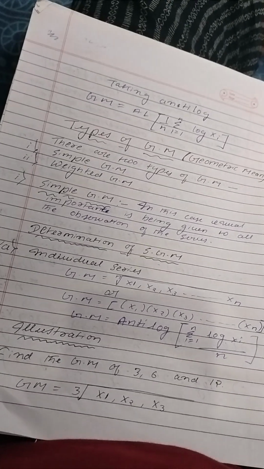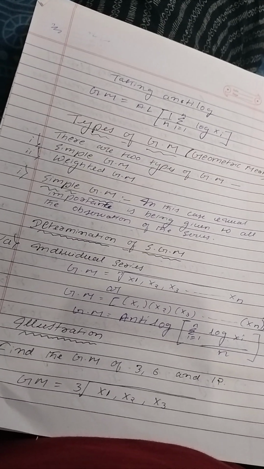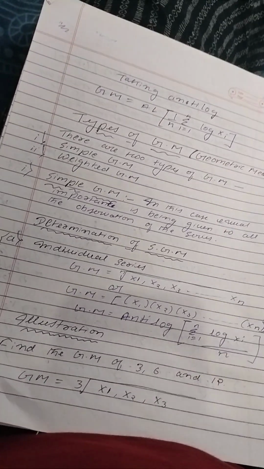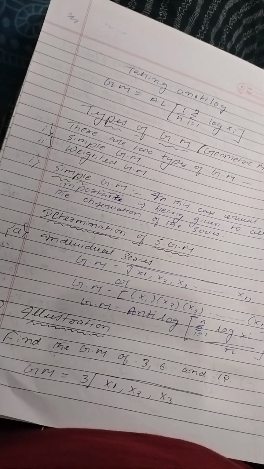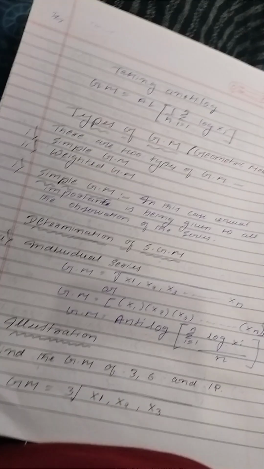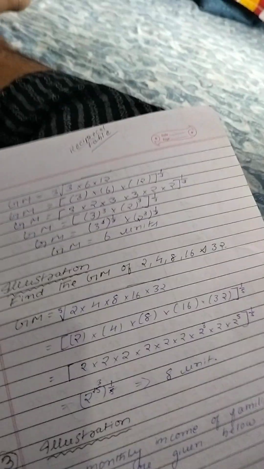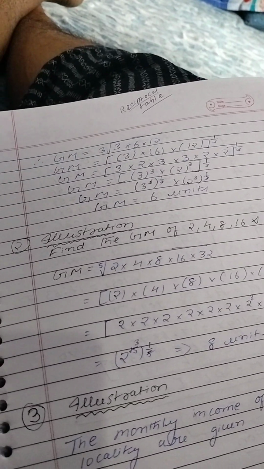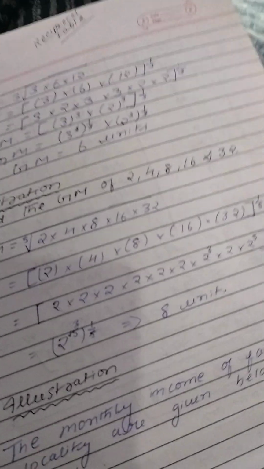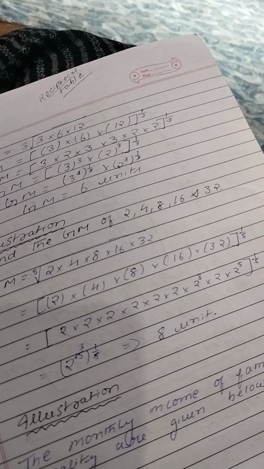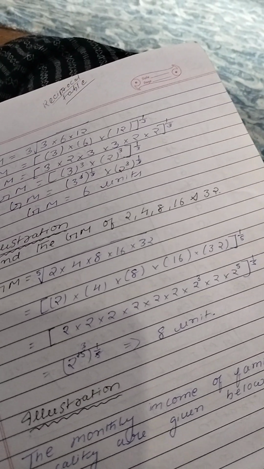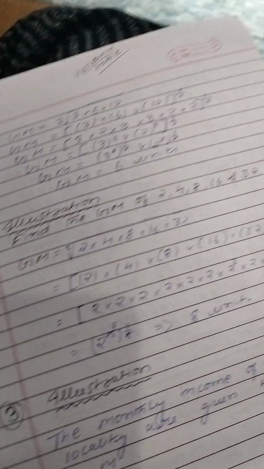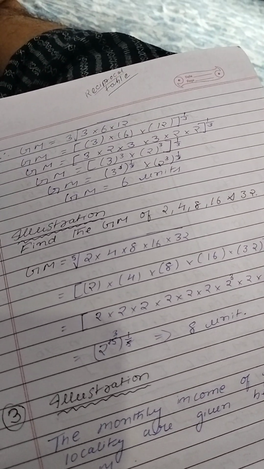So here first you have to write the value of n, which is 3, because it is a 3-observation GM, with x1, x2, x3. Then put it in the formula, and all the values are multiplied.